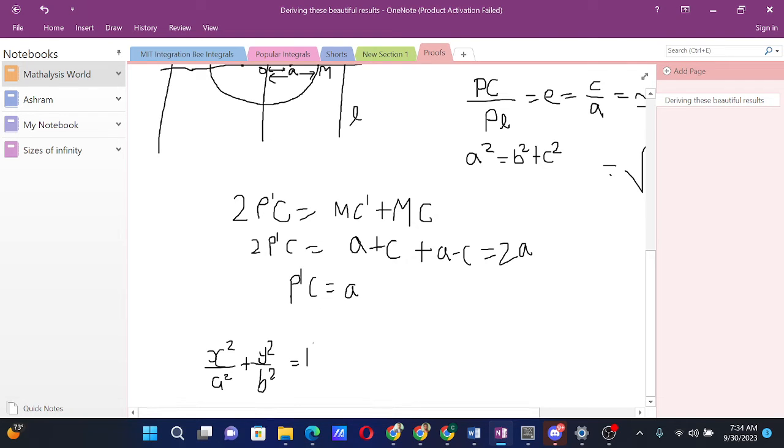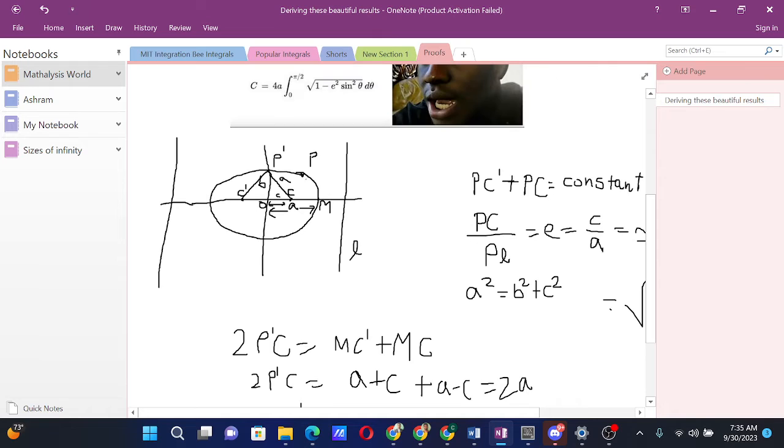A general point that satisfies this formula can be x equals A sine theta and y equals B cos theta. If we substitute here, we have sine square theta plus cos square theta, which equals 1. So any point on the ellipse can be obtained by this parameterization.